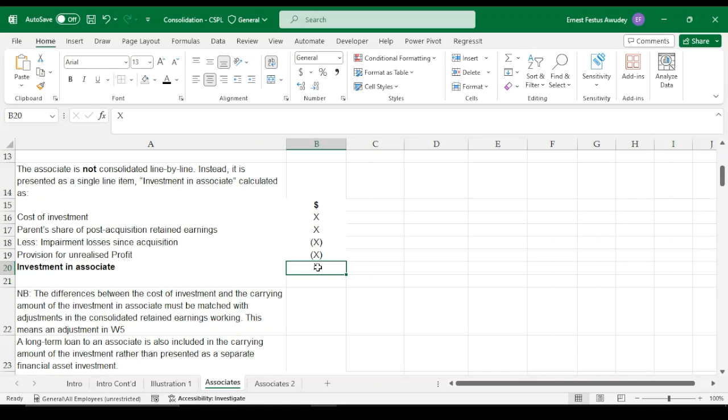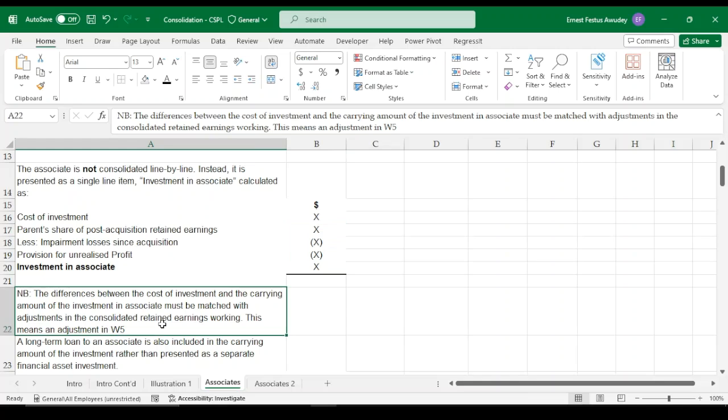Now, what we are saying is that what accounted for the difference between the cost of investments as we have here and the investment in associate, or the carrying amount of the associate in our books. So what is accounting for the difference? What is accounting for the difference are these figures here. All right. So these figures are also going to appear within the retained earnings working.